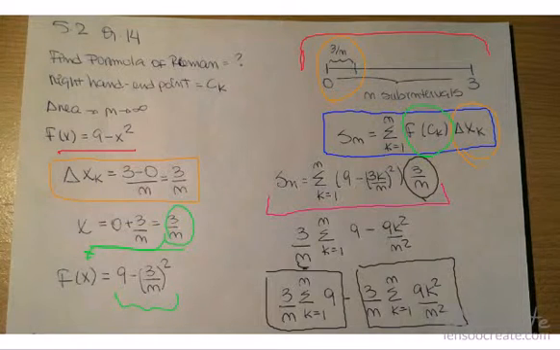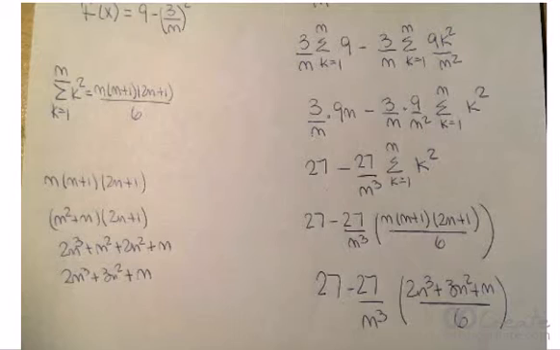From here, my next step was to start, let's do this. From here, what I did is I knew this one was also a constant, so that's going to be this multiplied by this, as you can see over here.